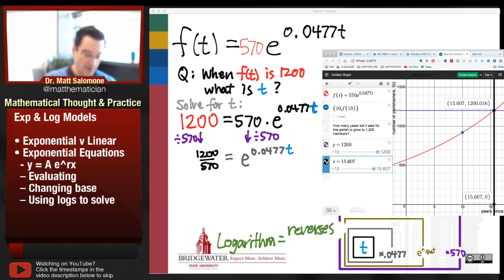It reverses exponentiation. It rescues the exponent. Right? It takes this 0.0477t, which is trapped up in the exponent, and it rescues it down from the exponent. In other words, it just cancels out that base of e. And the particular kind of logarithm that accomplishes this is called the base e logarithm.